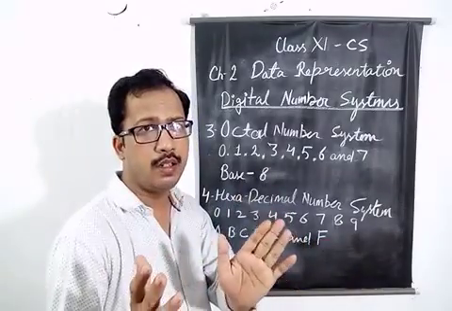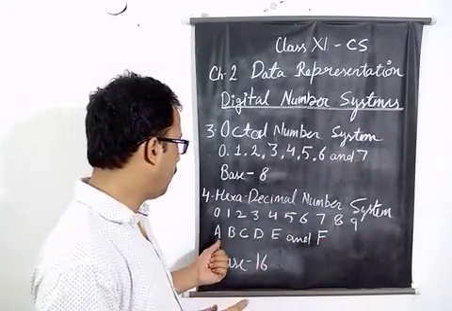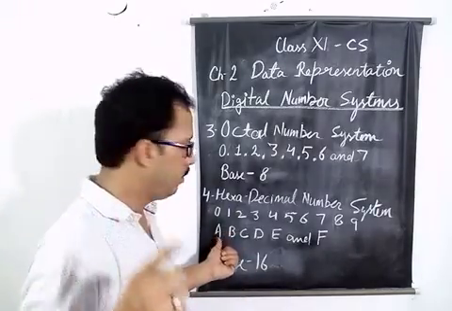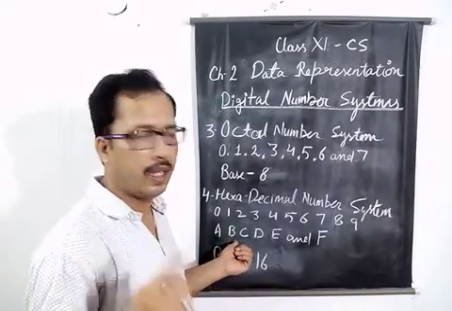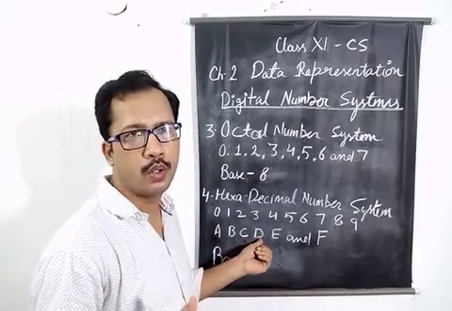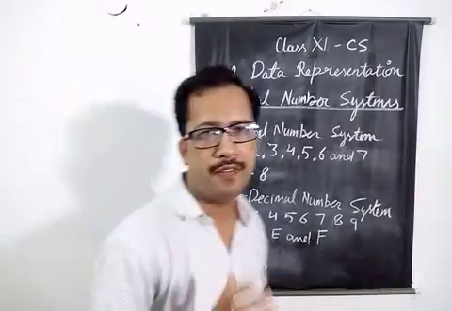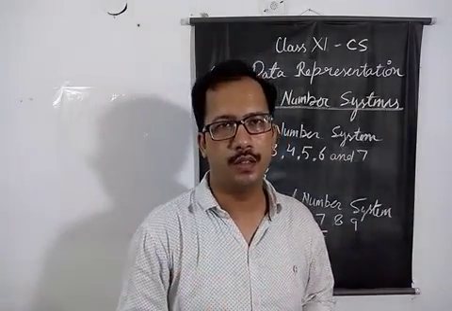These are 10 digits, and further the symbols are A denoting 10, B denoting 11, C denoting 12, D denoting 13, E denoting 14 and F denoting 15.